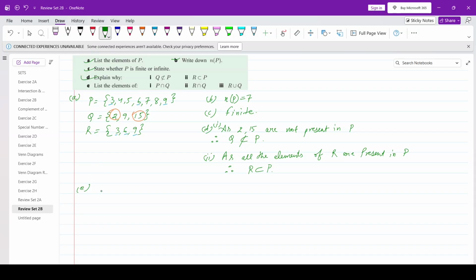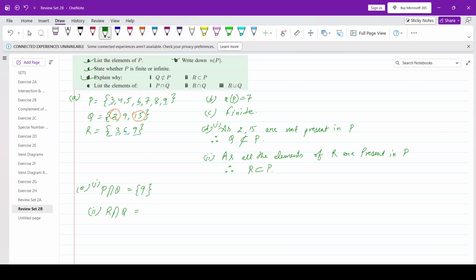List the elements of P intersection Q. These two sets have only one element in common, that is 9.